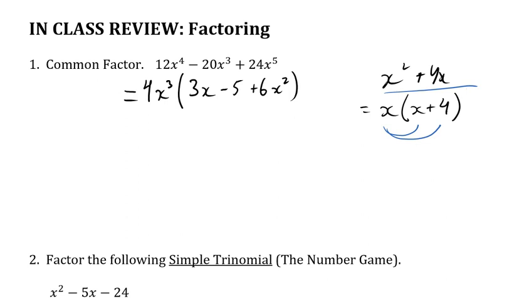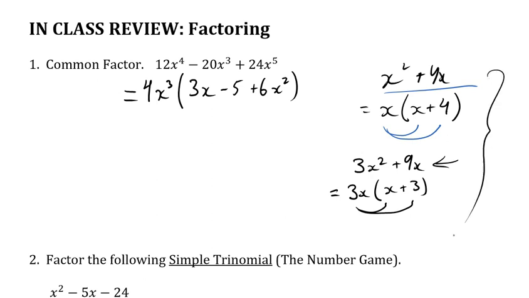One that's a little bit more complicated would be something like 3x squared plus 9x. And so I can take 3x out of each of those, and I'm left with x plus 3. And again, if I multiply it back through, I should get back the question that we started with.